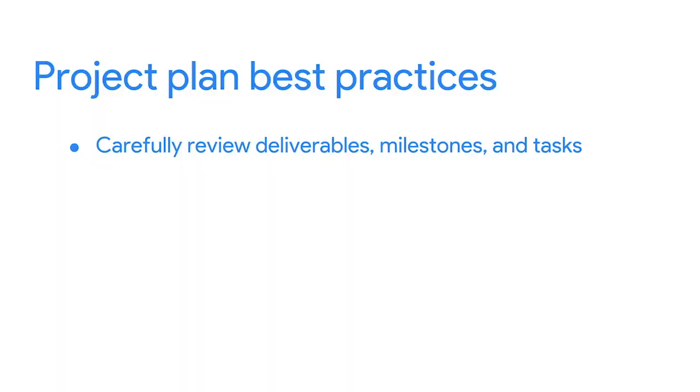First, you'll want to ensure that you've carefully reviewed the project's deliverables, milestones, and tasks. During the initiation phase, you'll recall that you created a project charter with important information regarding your project, like your goal, scope, and deliverables. When a project enters the planning phase, your plans become more granular. Let's discuss this in the context of your project at Office Green.